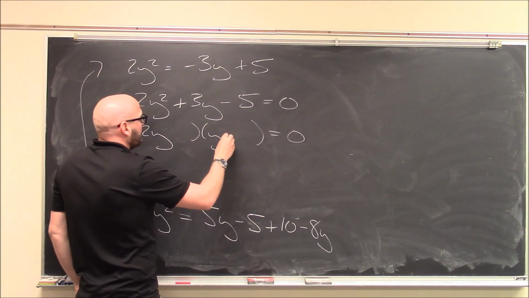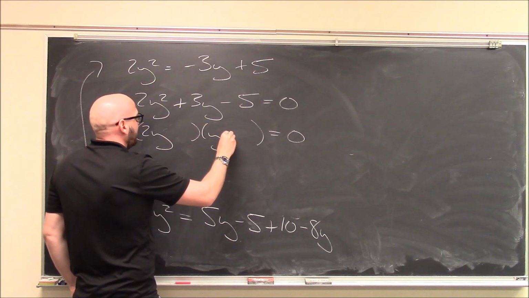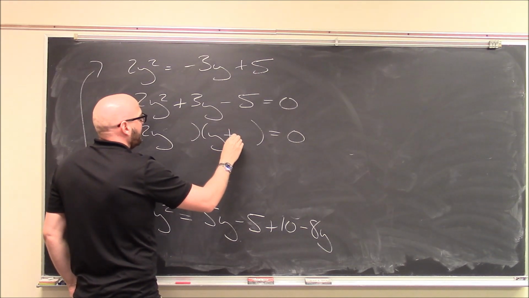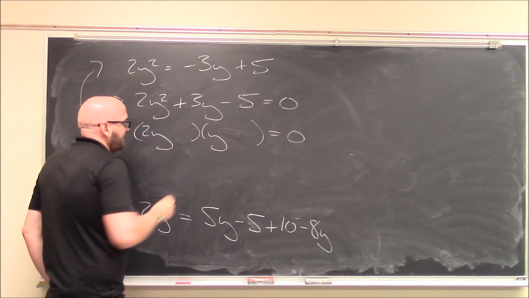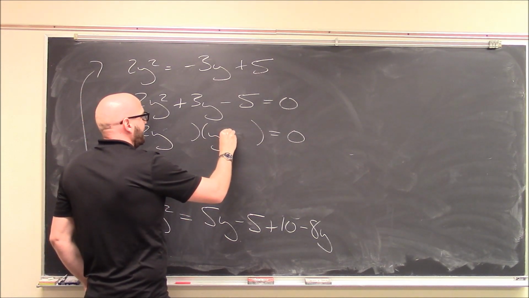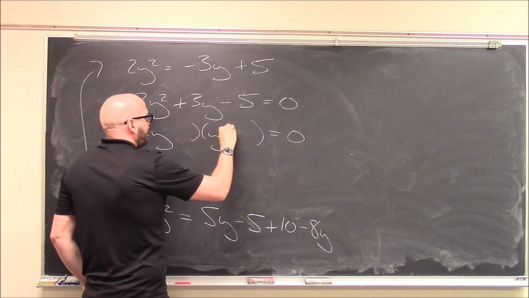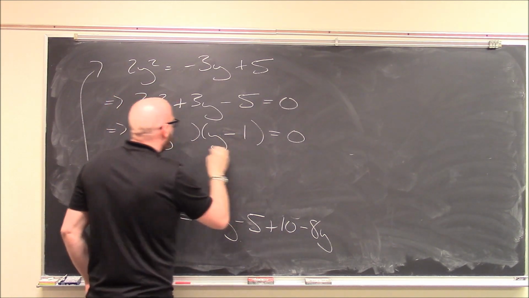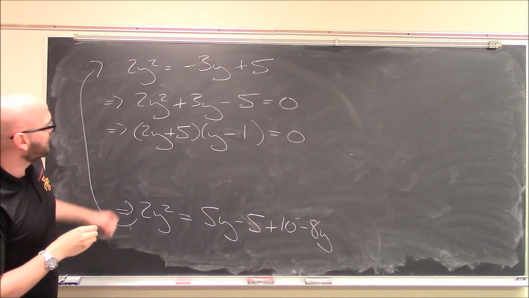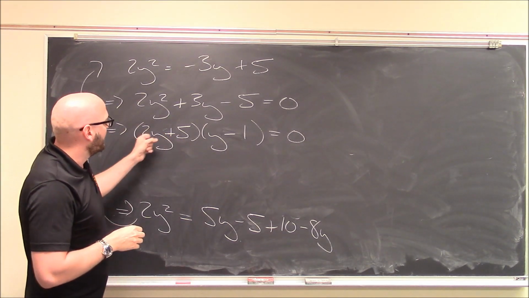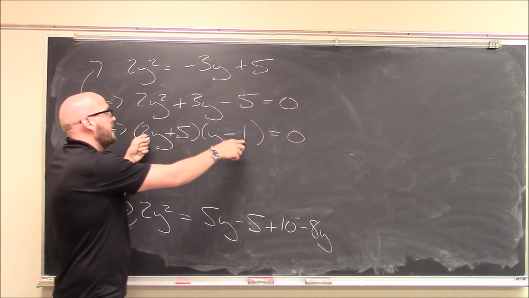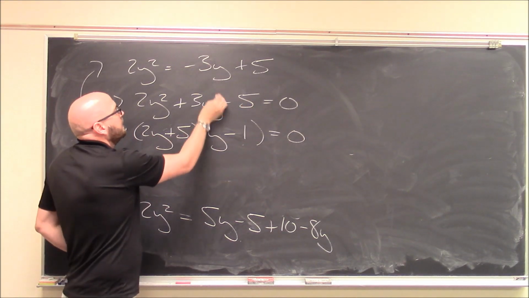I think this will work. Minus 1 plus 5. That works, yeah. We've got 2y squared, we've got minus 5 as our last term, then we've got minus 2y plus 5y is positive 3y.